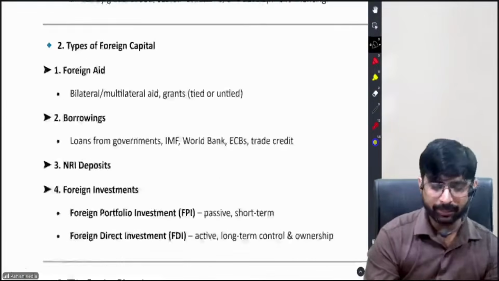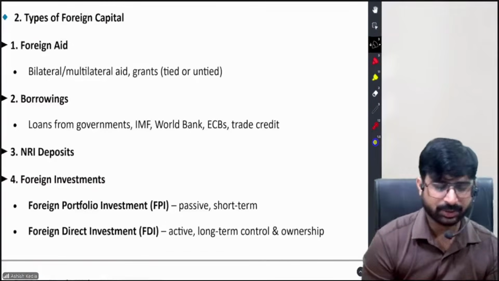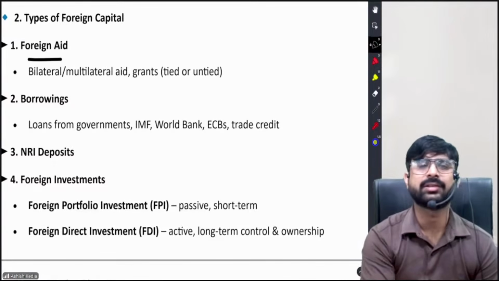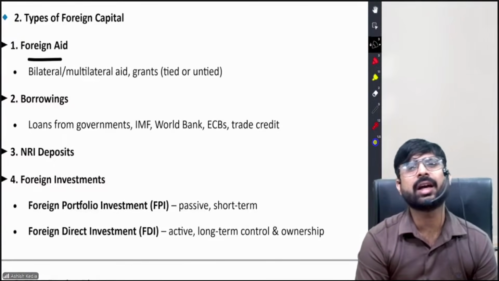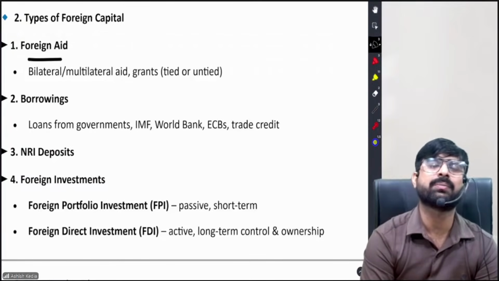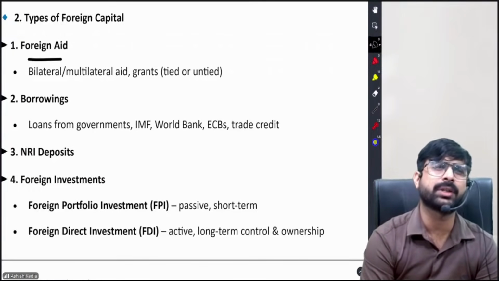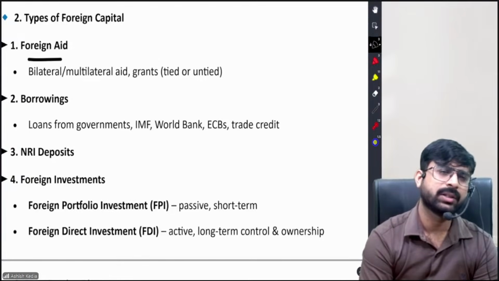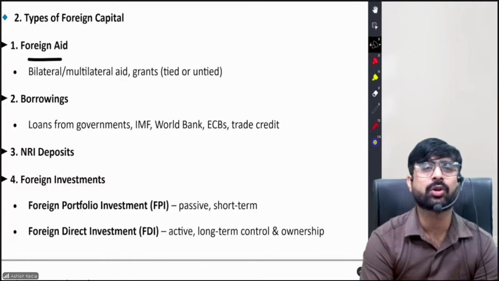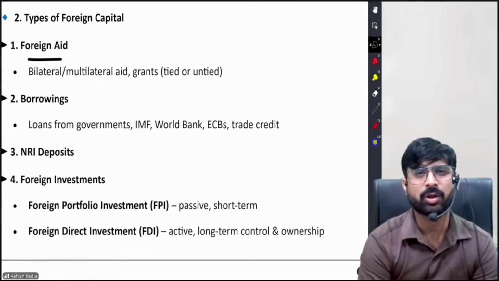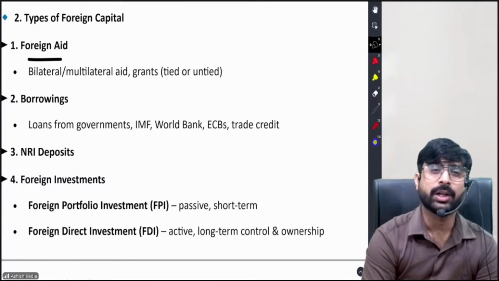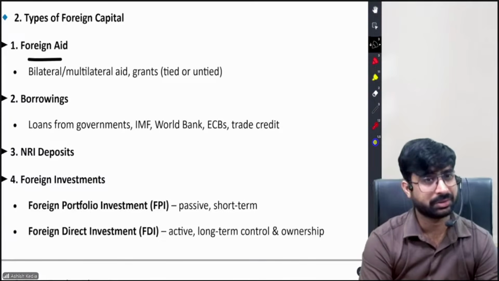So, how many types of foreign capital are there? Class, primarily four. Number one is foreign aid. Aid means help. You are not expecting anything in return. I'll give you an example, students. Approximately in 2015, Nepal had a severe earthquake. India sent a lot of aid, help for the re-establishment of Nepal, because the loss was humongous.